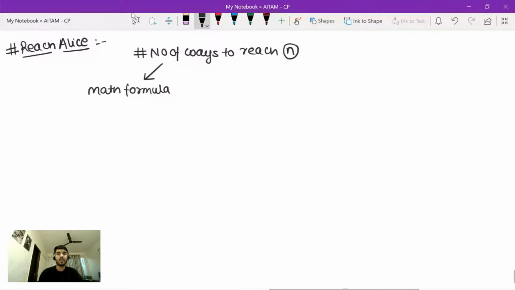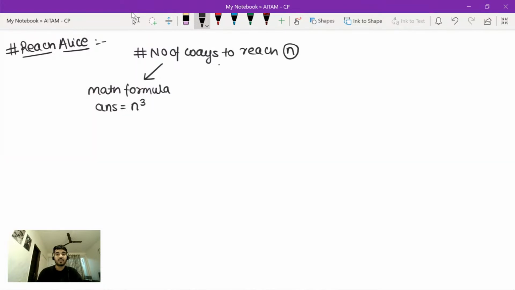The mathematical formula could be anything. There might be a case when your answer is equal to n cube, or log of n base something, or any polynomial function, any mathematical function.